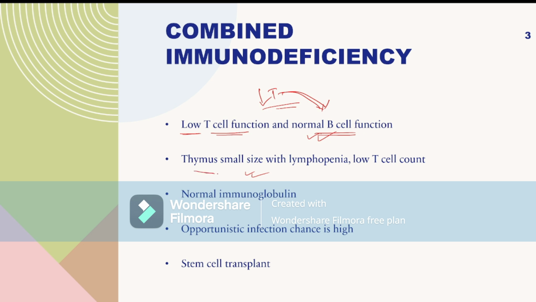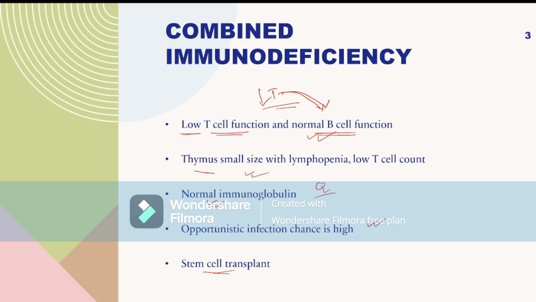The thymus is small or lymphopenia is seen, and the disease severity depends upon the thymus size. If the thymus size is more, then the child suffers from less immunodeficiency. If the thymus size is less, the child suffers from more immunodeficiency. There is normal immunoglobulin, and the chance of opportunistic infection is high, but it is less than SCID. The treatment of choice is stem cell transplantation. There are numerous different types of mutation causing this type of combined immunodeficiency.